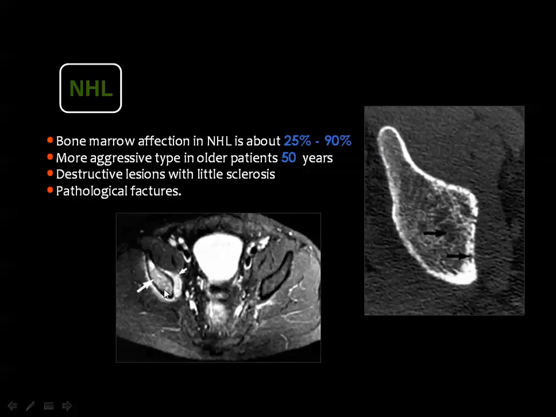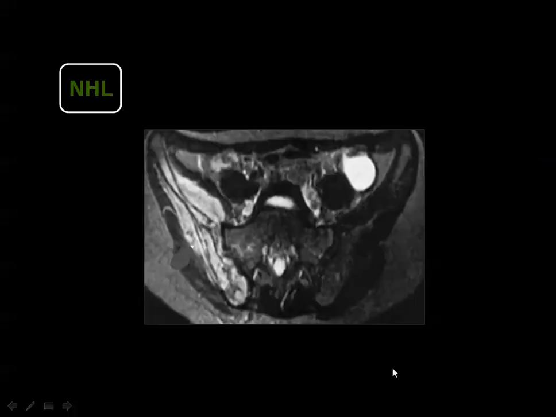It will show high signal in the T2 on STIR images, and the extraosseous soft tissue component looks like a sheet encasing the iliac bone, which is not usually seen in cases of metastasis. Metastasis destroys the bone and forms a big extraosseous soft tissue component. By CT, you can appreciate the sclerotic reaction together with the permeative erosive changes of the affected bone.